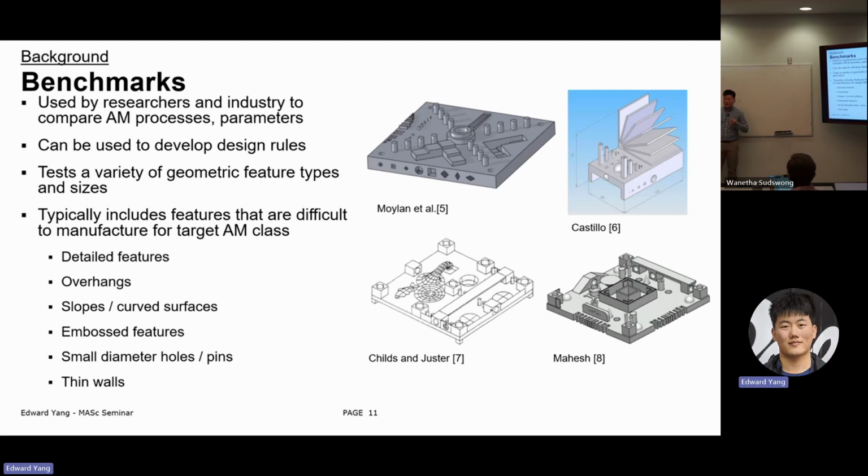So things such as very detailed features, overhangs, slopes and curved surfaces, thin walls, like I mentioned, and small diameter pins and holes are typically things that most additive manufacturing technologies find challenging, and that's why benchmarks usually include a variety of them to see what are the limits of this technology and how it can be printed.